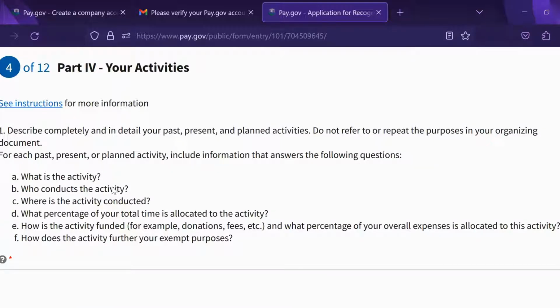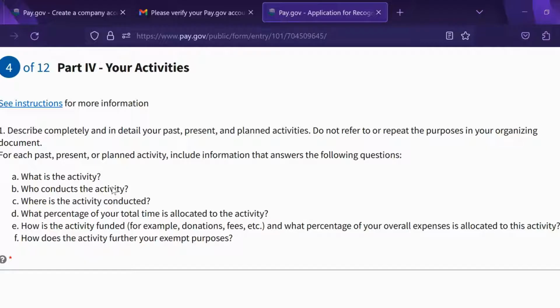Part 4, your activity. See instructions for more information. Question 1: describe completely and in detail your past, present, and planned activities. Do not refer to or repeat the purpose in your organizing document. For each past, present, or planned activity, include information that answers the following questions. What is the activity?